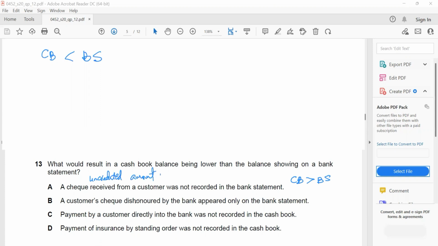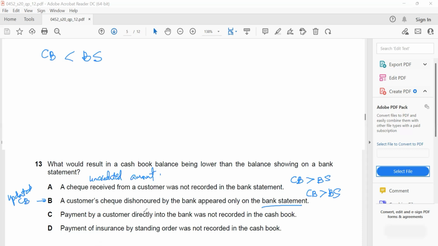A customer cheque dishonored by the bank appears only on the bank statement. So this one, the cash book has more than the bank statement because the bank statement has deducted it. And this one has to be adjusted by updating the cash book.